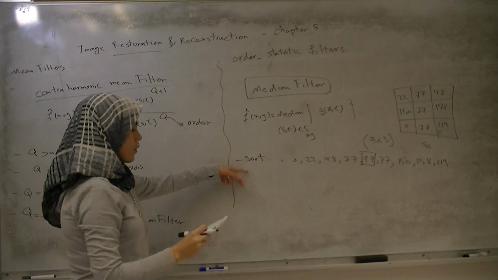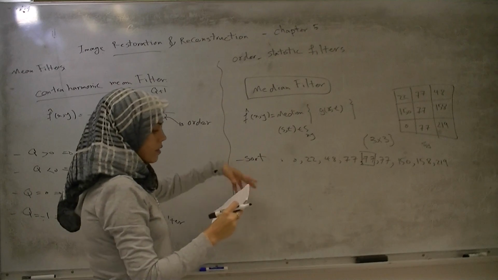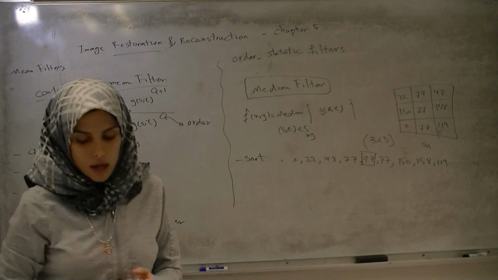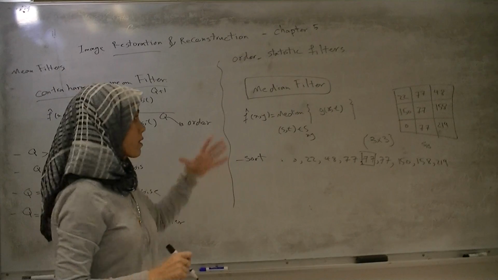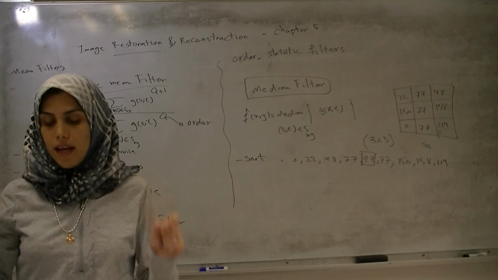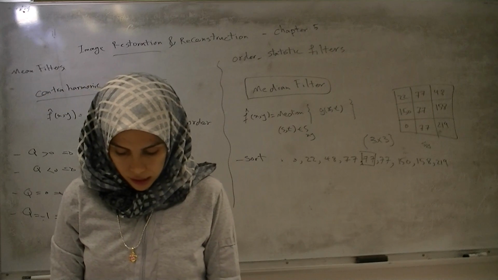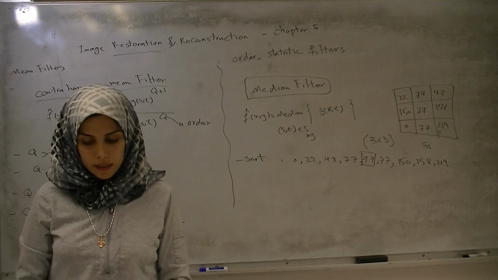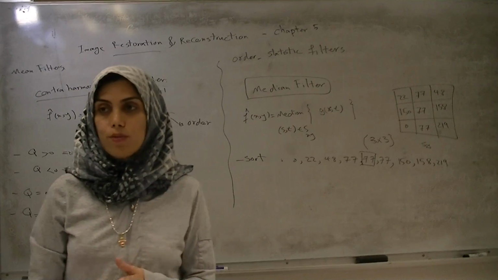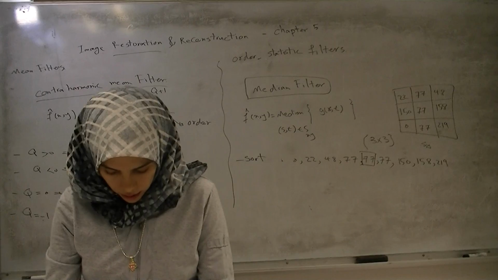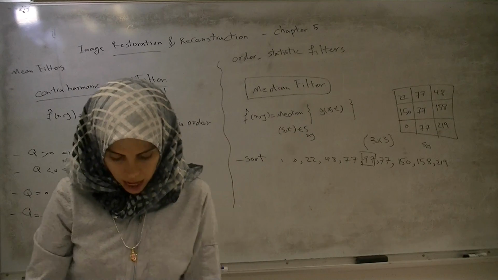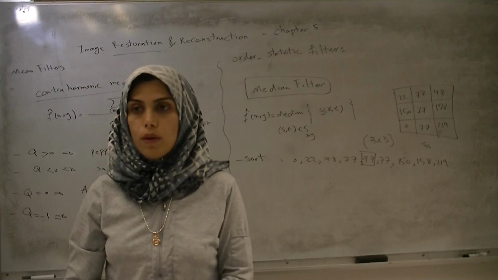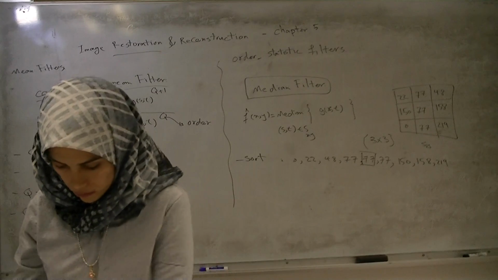And this one is really effective in removing noise, while not destroying the edges, and it causes less blurring than the linear smoothing filters. And this one is good for both bipolar and unipolar noises.